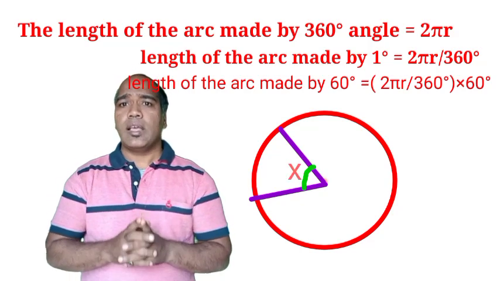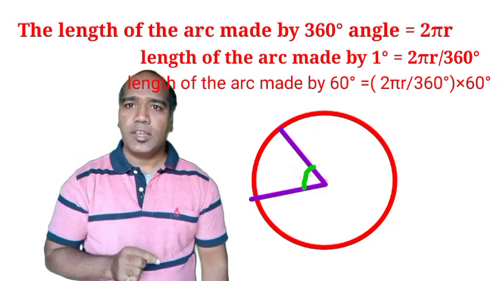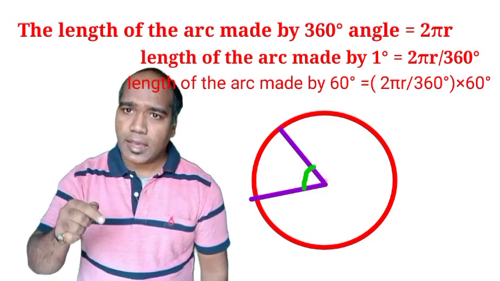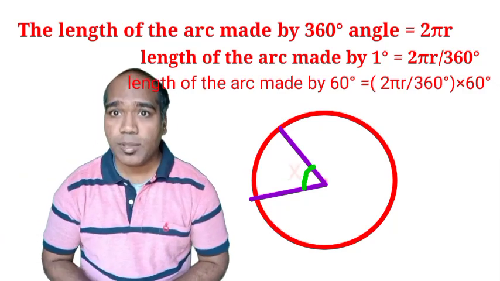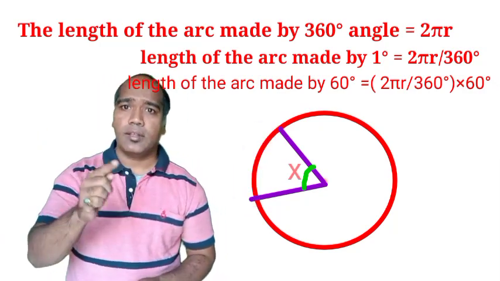Okay, so if in place of 60 degrees we take the angle as x degrees at the center, then what will be the length of the arc?